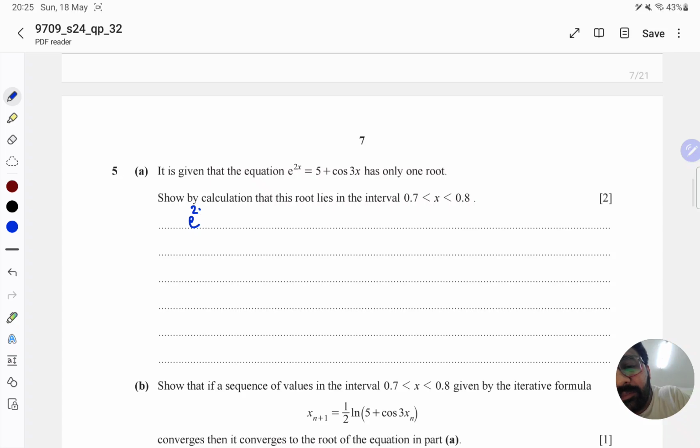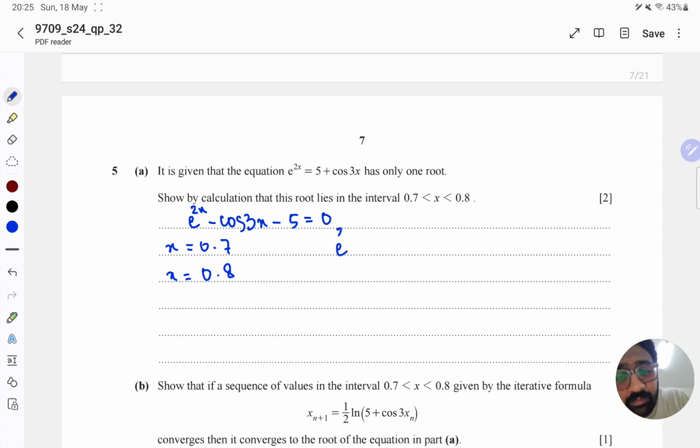So e raised to the power of 2x minus cos 3x minus 5 is equal to 0. After that, I will substitute one time the value of x as 0.7 and the other time I'll substitute the value of x as 0.8.